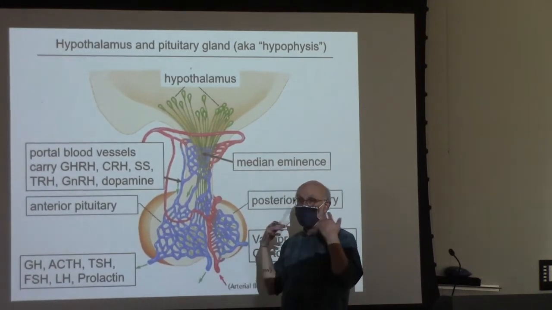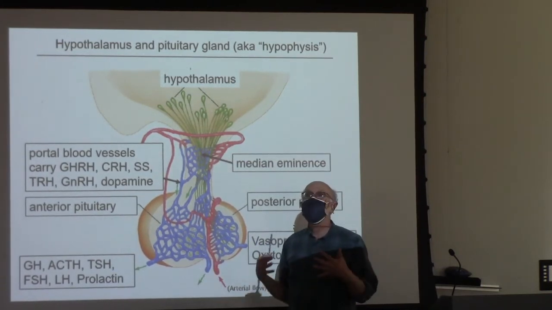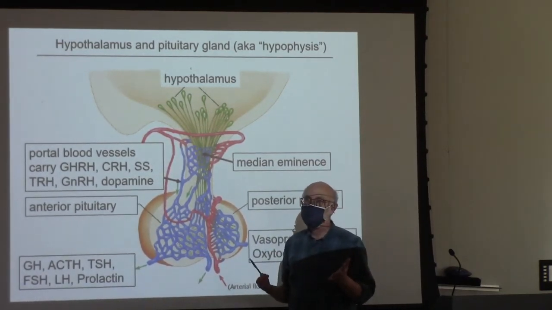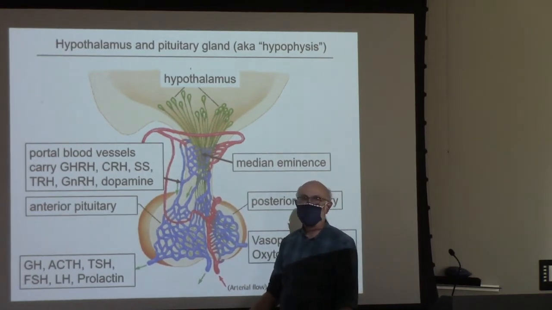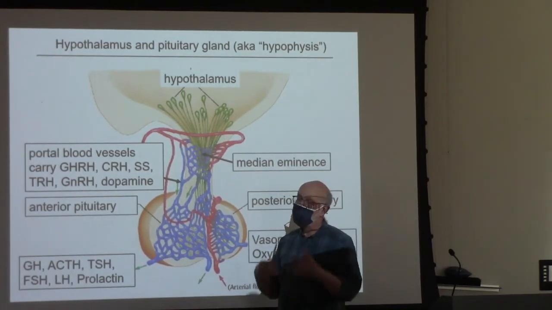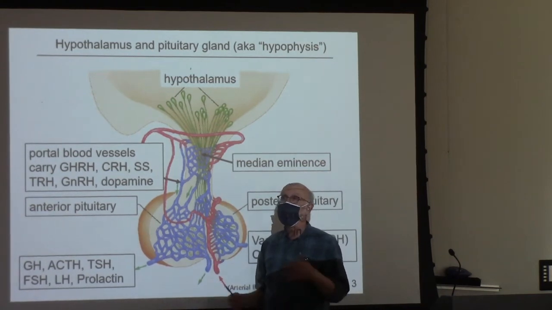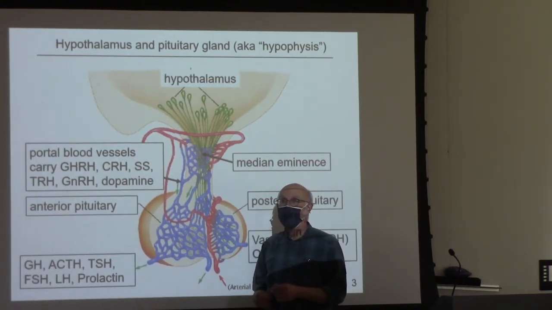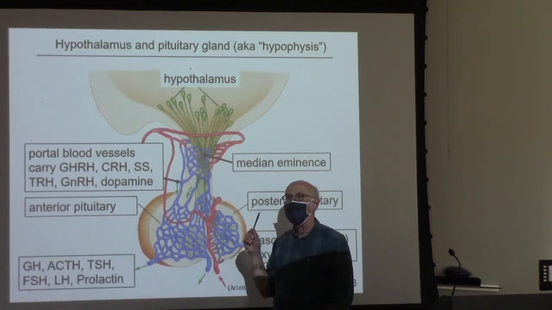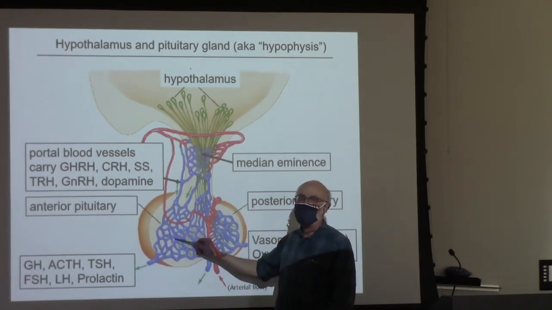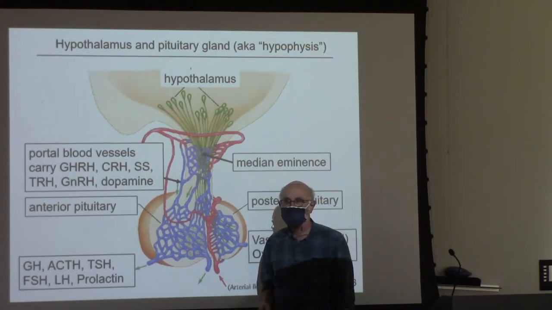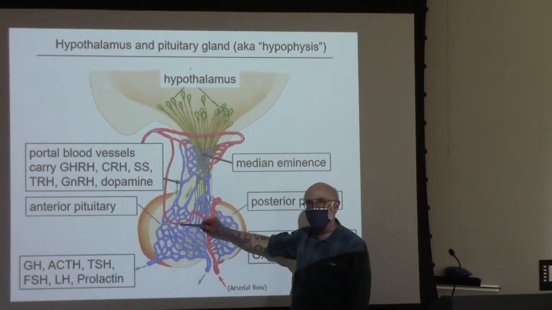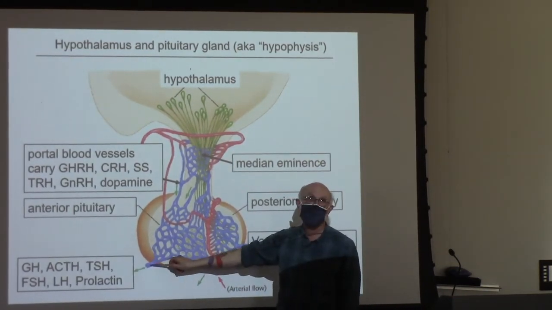And then TSH is secreted in large volumes, because it goes into all 5 liters of systemic blood, but its target is the thyroid. But there's no direct port from the anterior pituitary to the thyroid other than the systemic circulation. So this is a specialized circulation, and this is just general systemic circulation.